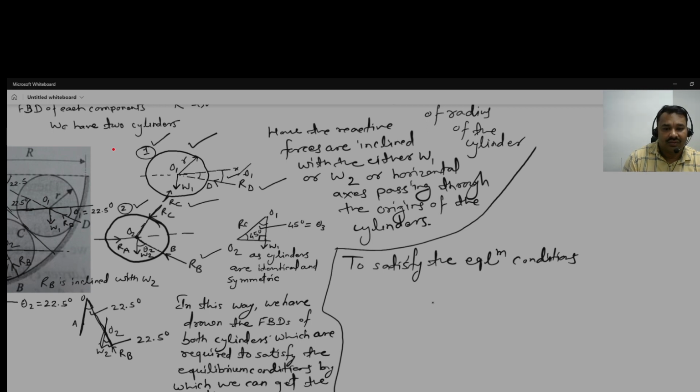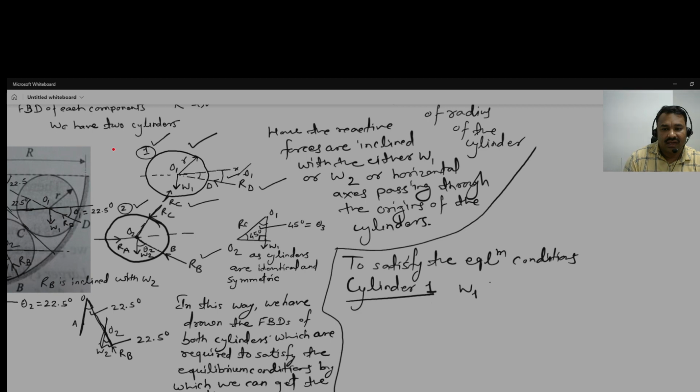So cylinder 1. You can see how many forces there are.